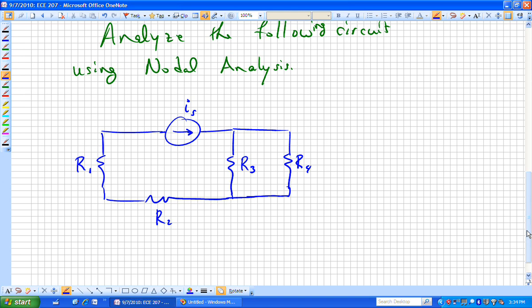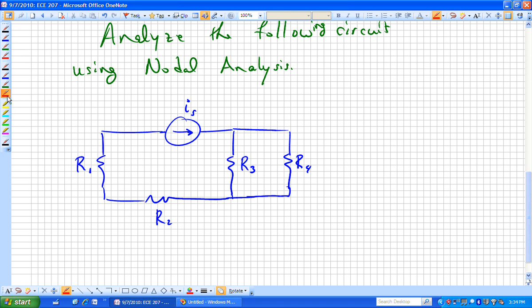We need to somehow determine what it is that we're going to call, or how we're going to reference these voltages that we want to define. Where's my reference node, or where would you suggest we put the reference node? Not that I'll live with what you suggest, but go ahead and try.